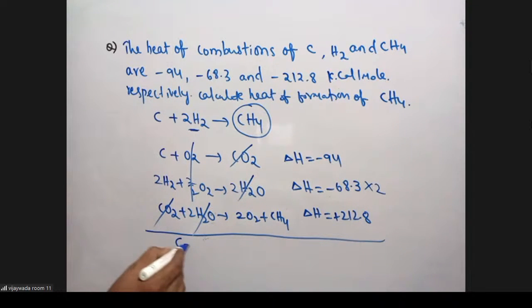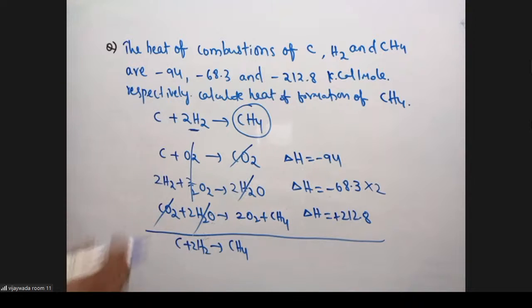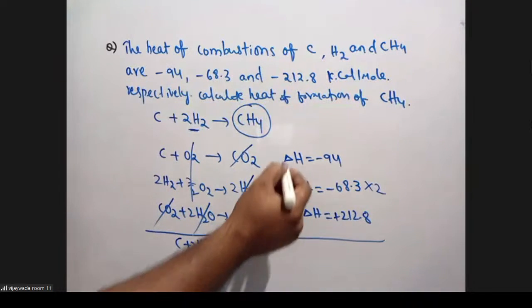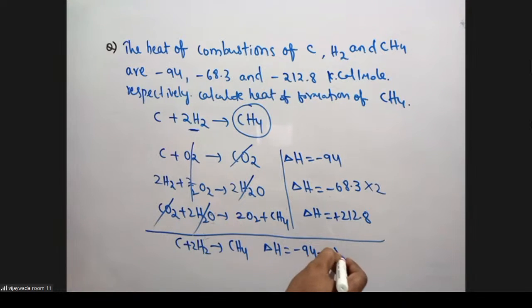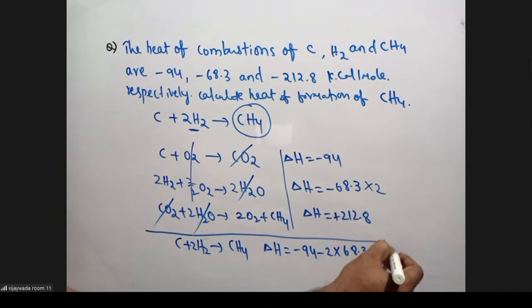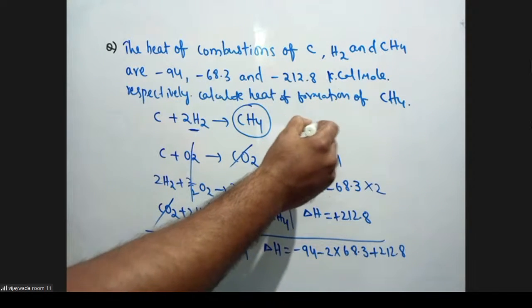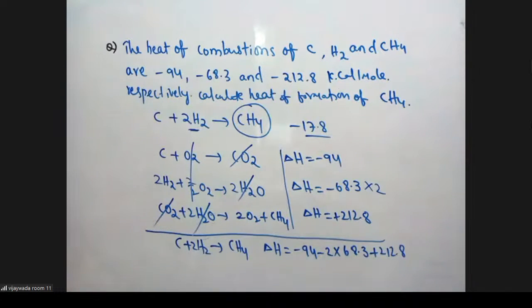Finally the reaction is C plus 2H2 gives rise to CH4. We constructed this equation by using three equations. Simply add all these again. Delta H equals minus 94 minus 2 into 68.3 plus 212.8. And this value is minus 17.8 kilocalories.